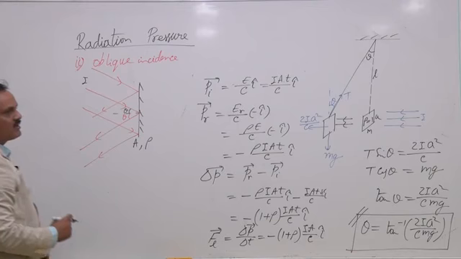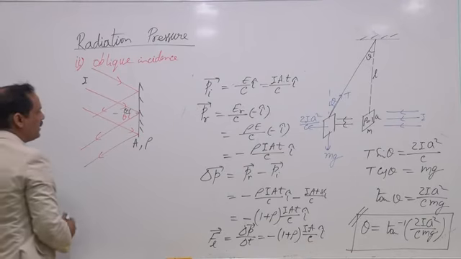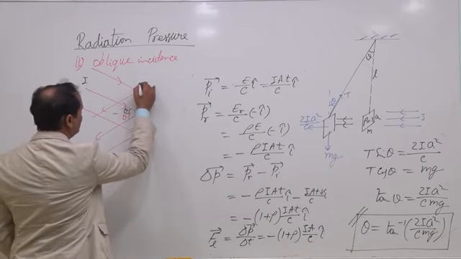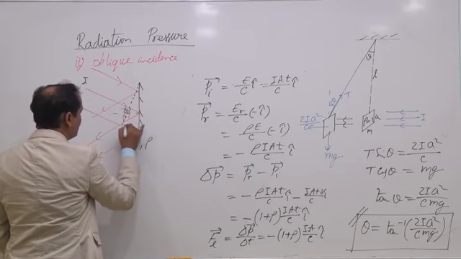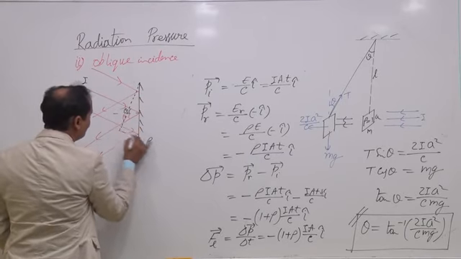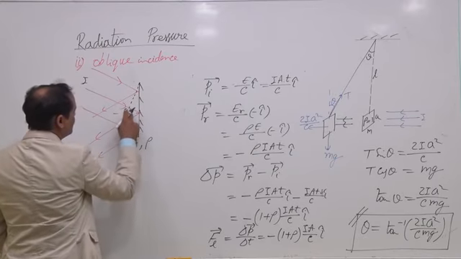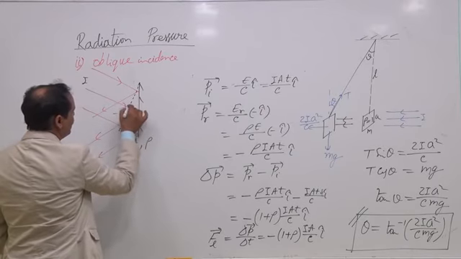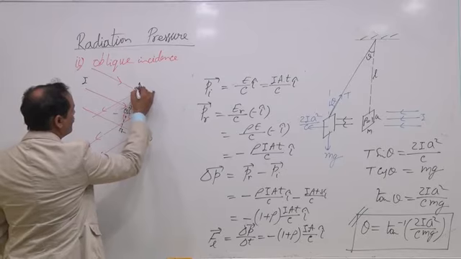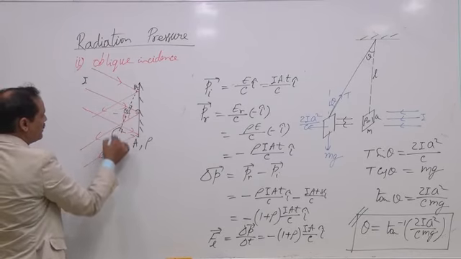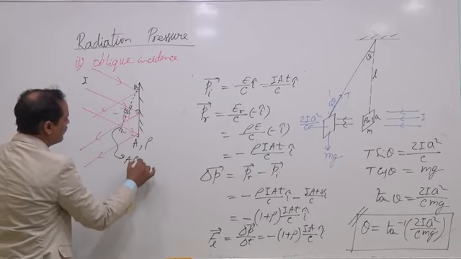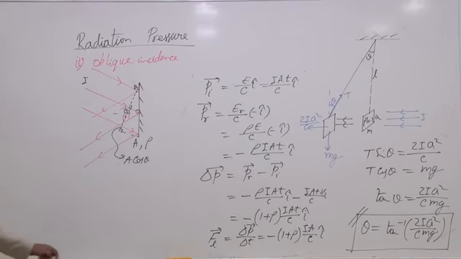As the energy is not falling normally, to find the energy we need to get the normal area, the projected area. As this angle is theta, this is 90 minus theta, this is 90, so this angle is also theta. So this projected area, normal to incident light, is A cos theta.